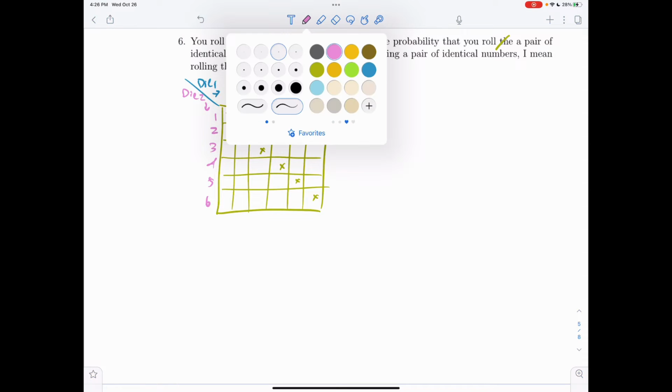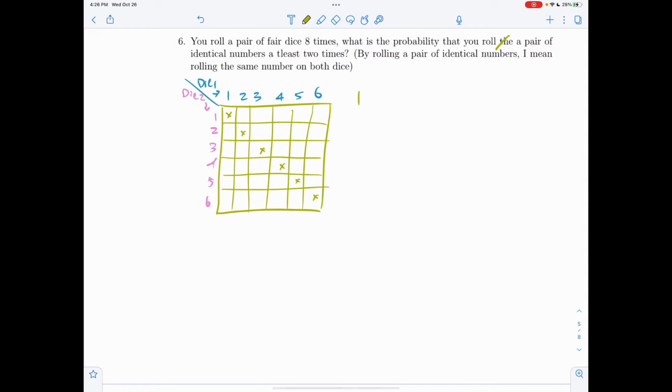So what's the probability of rolling an identical pair? It is 6 over 36, or 1/6. Okay, and you're told, so this is going to be your P for the variable we look at.